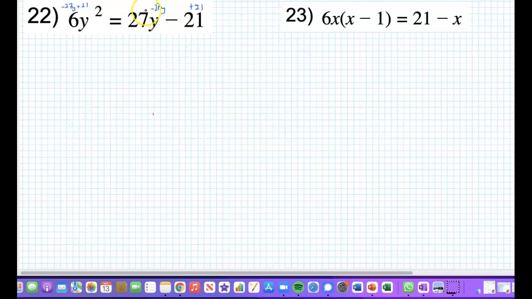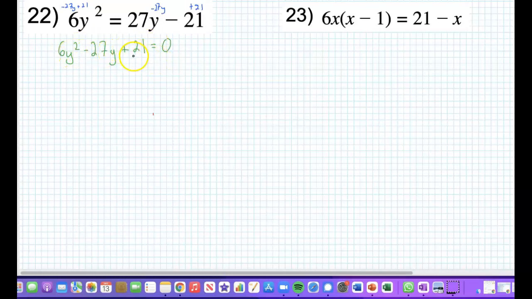So now what we have is 6y squared minus 27y plus 21 is equal to 0. When we factor, we always want to see if we can find a greatest common factor. Is there any number that factors into all of these?